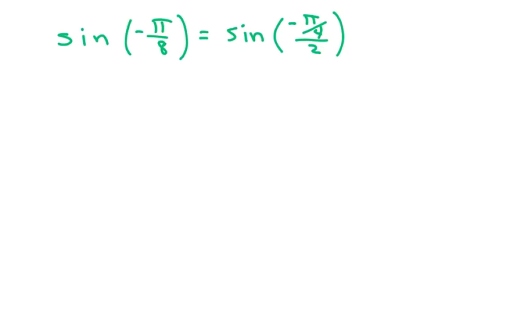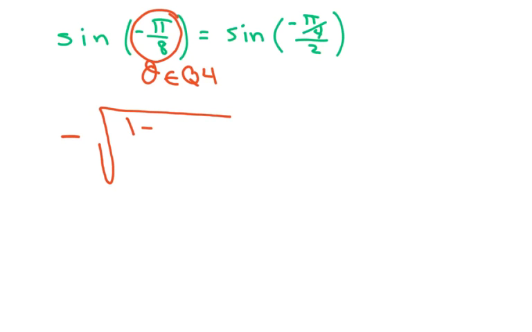And if you just want to use the formula, we know that negative pi over 8, our answer, is in quadrant 4. So this angle here belongs to quadrant 4. That means I'm going to use the negative formula. So we're going to get negative the square root of 1 minus cosine of negative pi over 4 over 2.